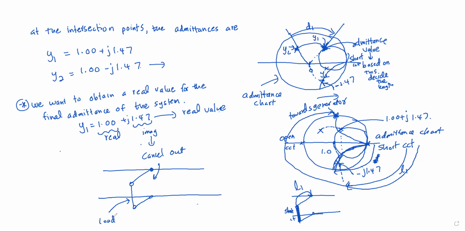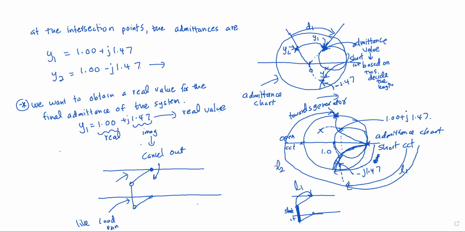We need to move from the load point towards the input side, towards the generator, and therefore we need to go in the anti-clockwise direction towards the intersecting point. So once we get the L value, it will be higher than L1.